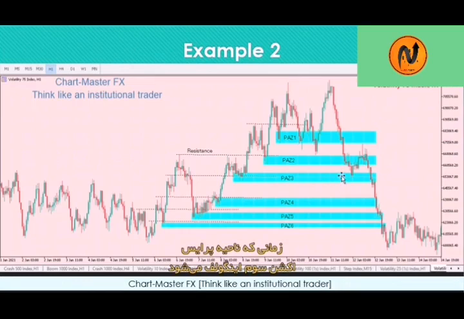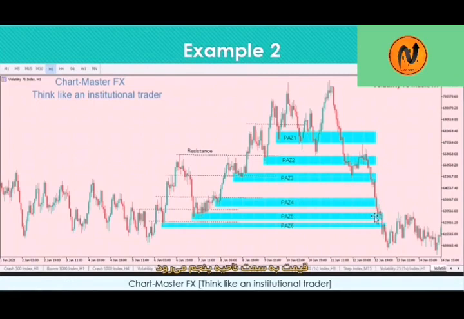Once price action zone number 3 is engulfed, then we know that the next target is price action zone number 4. So the price came here to retest just a little bit, and it came down and engulfed price action zone number 4. Once price action zone 4 was engulfed, the price now is targeting price action zone 5.